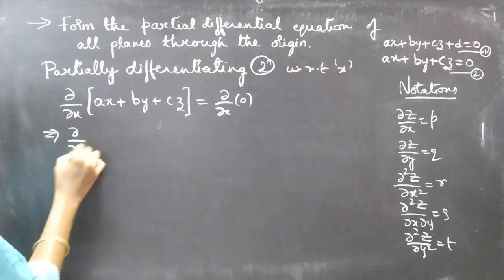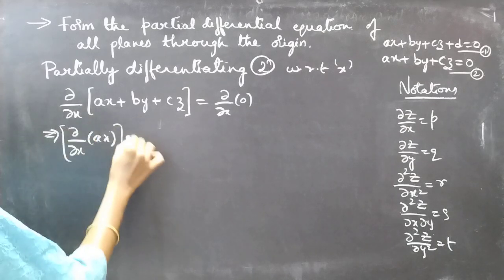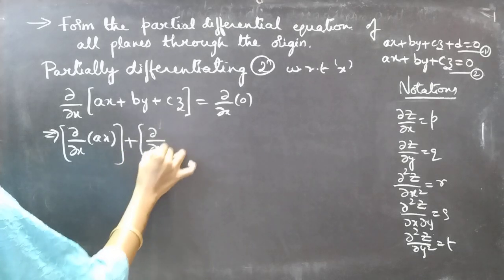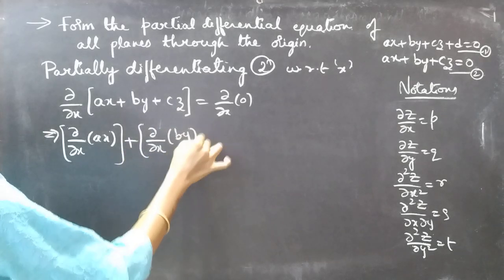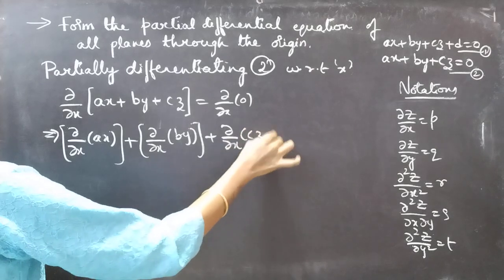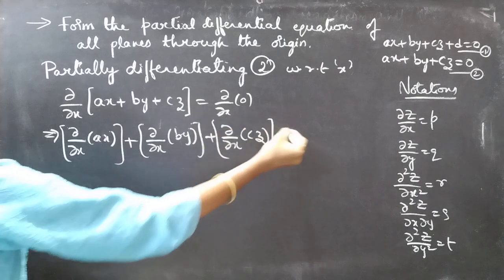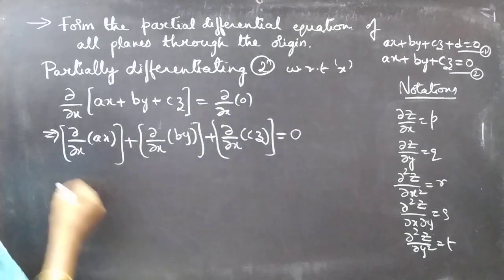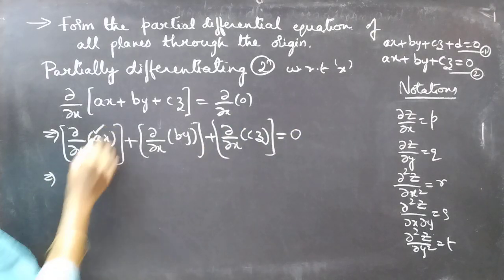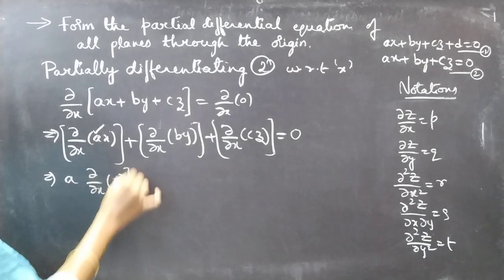Now we can write this as dou by dou x of the first term, dou by dou x of the second term plus dou by dou x of the third term equal to the partial derivative of a constant with respect to x, which is 0. Here a is constant, we can write it as a into dou by dou x of x.